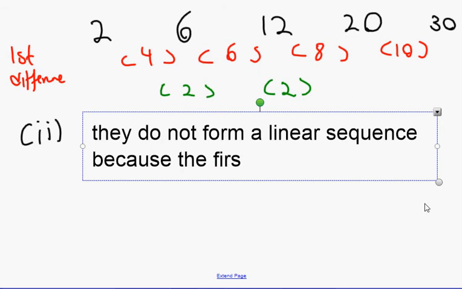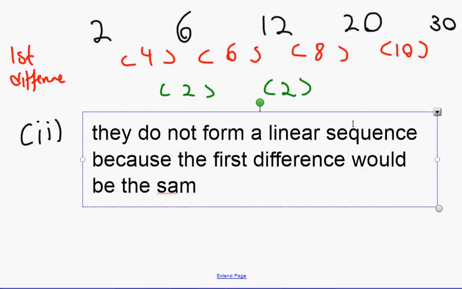Do you understand what I mean by the first difference? If it was a linear sequence, all the red values would be the same. It'll just say 4, 4, 4, 4. It goes up the same amount each time. So the first difference would be the same between each term, each consecutive term.